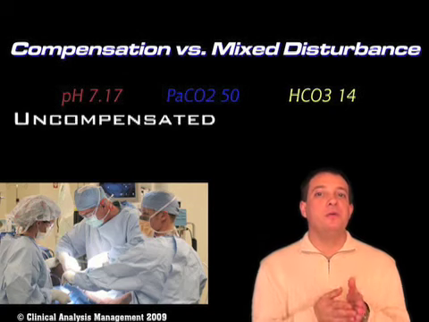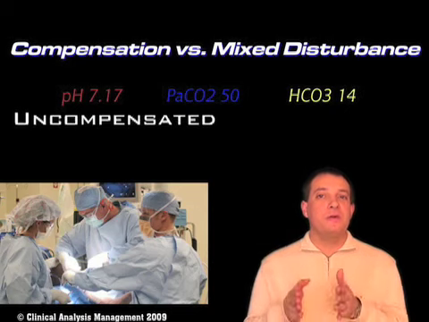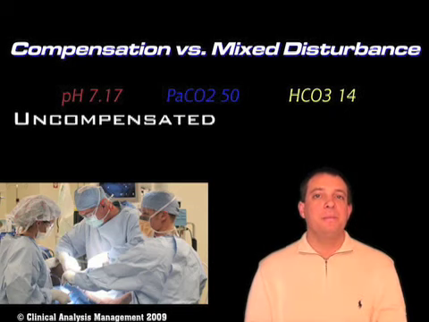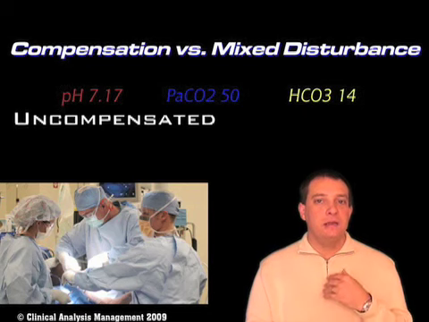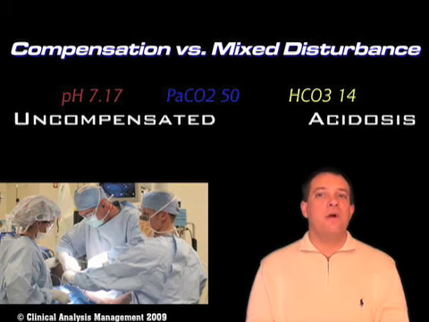It's not between 7.35 and 7.45. The second thing we ask ourselves is, is it an acidosis or an alkalosis? Remember, our cutoff was 7.4, and this is less than 7.4, so we would say that it is an acidosis. So we've already got our first name and our last name. We know this is an uncompensated acidosis.